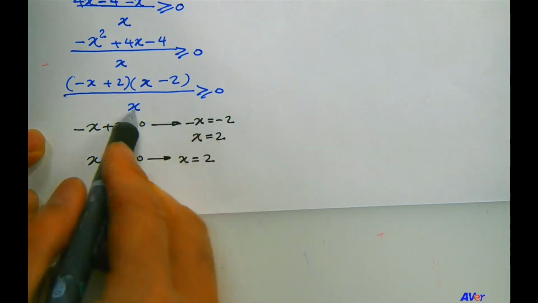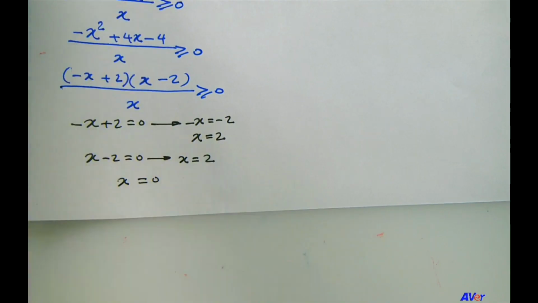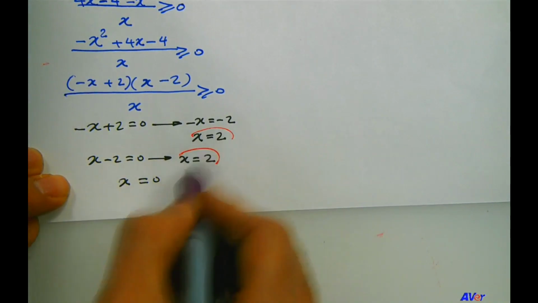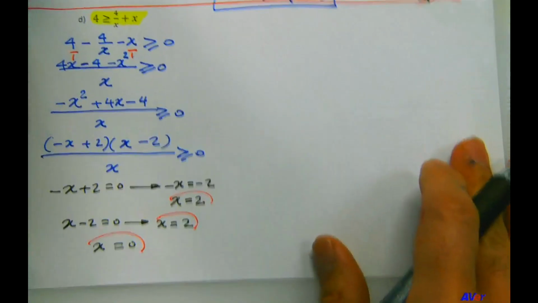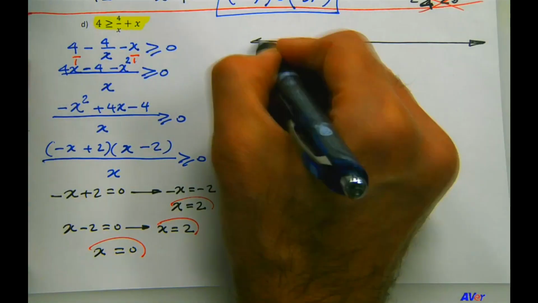And then finally, x equals 0 in the denominator. So all of these values, well, these two values, right? x equals 2, x equals 2, that's the same value, and then x equals 0. All right, so let's plot these on a real number line and then pick out test values.